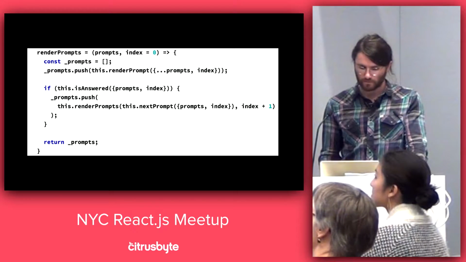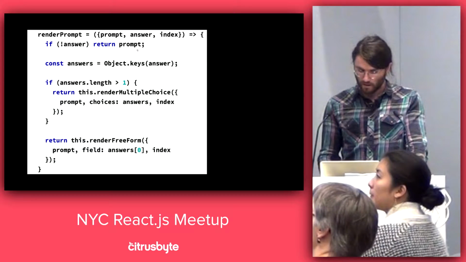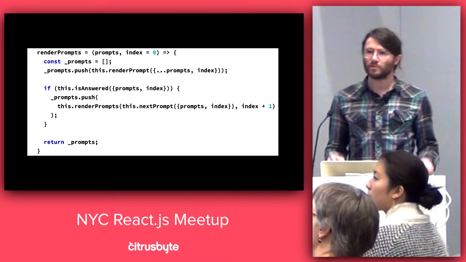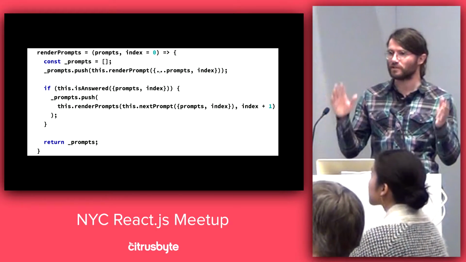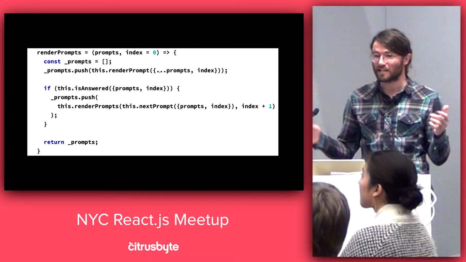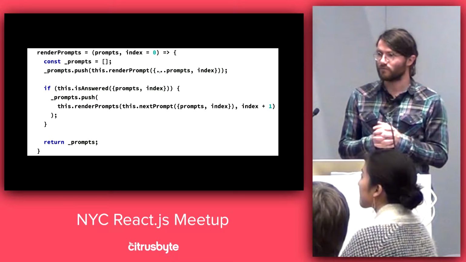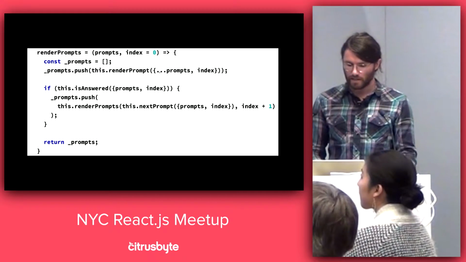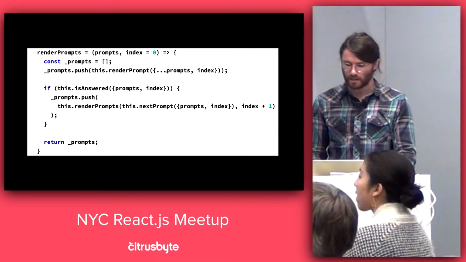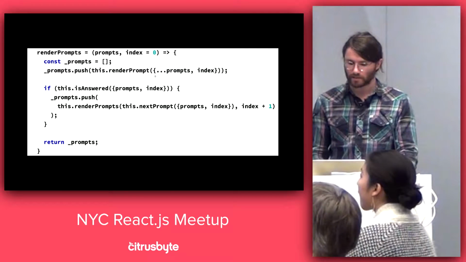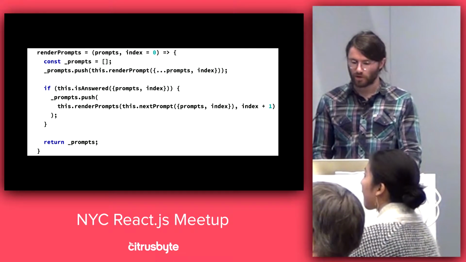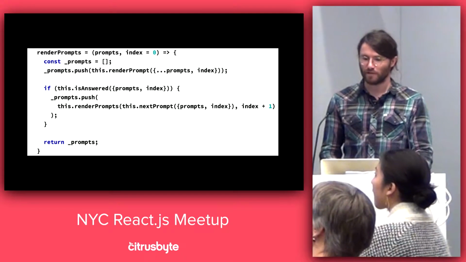Let's do render prompt. Render prompt is, like I said, and I'm doing a lot of ES6, ES 2015, ES 2016 kind of syntax. Feel free to stop me and ask about it. This ... is saying, you're starting a new object, and you're saying break out all of the pieces of this object.